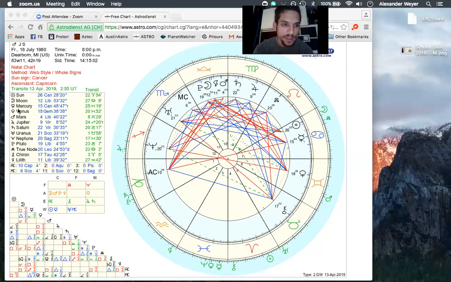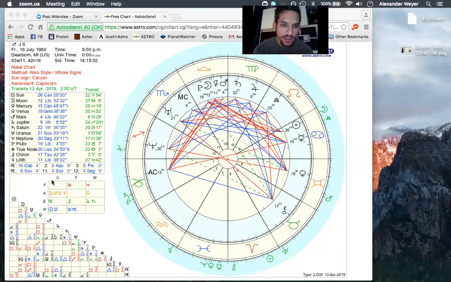Other information we have in the chart, this box over here is just another way of describing what's going on over here on this chart. So this is the same information, really. This is the placement of the planets. So here we have the sun at 26 degrees Cancer, and here we find the sun at 26 degrees Cancer. So this is just another sort of list.